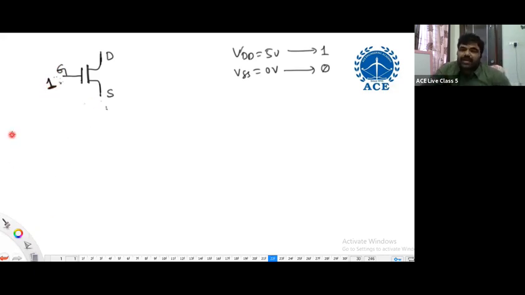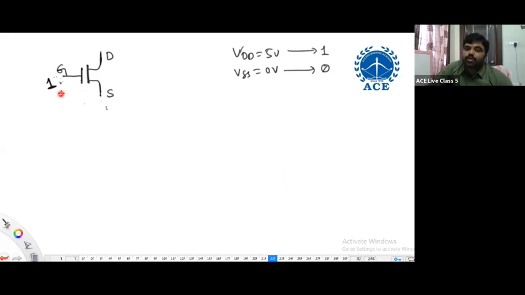When the gate terminal is getting logic 1 for an N-channel MOSFET, we can consider the switch is on. NMOS switch is on when the gate is connected to logic 1. So if you are observing that the drain is at higher potential and the source is at lower potential, gate to source potential must be positive.